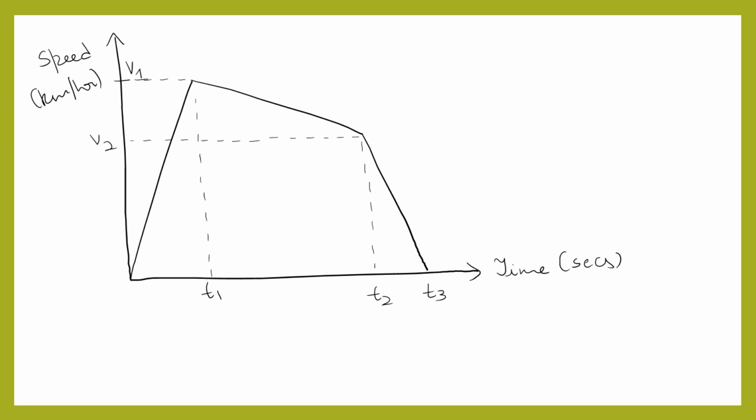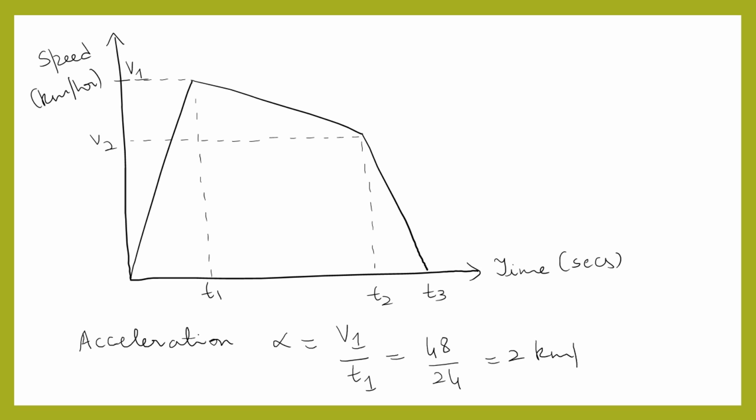So the acceleration alpha is given by V1 by T1, that is 48 by 24. So alpha is 2 km per hour per second. We have the time duration for braking retardation T3 equal to V2 by beta.